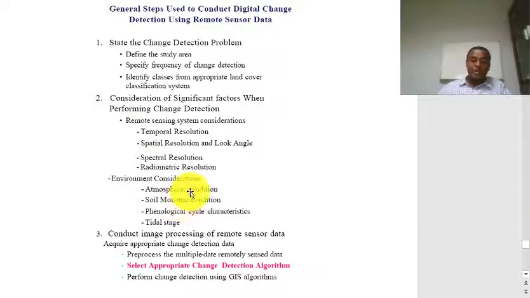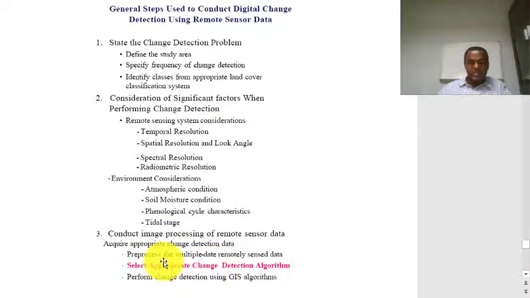Do I want to make my change analysis at the time of the year where soil moisture is almost zero, or did I consider the phenological cycle when I select my image? Something like that. Then the third step is to conduct image processing of remote sensing data.